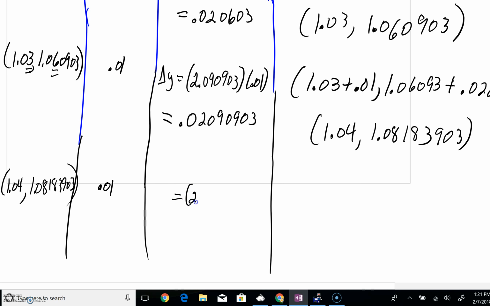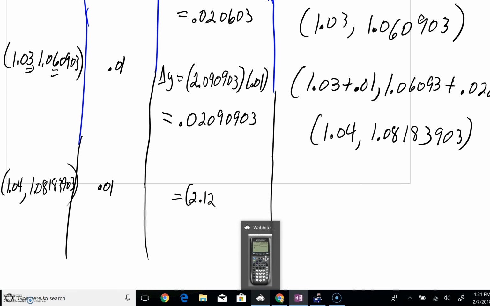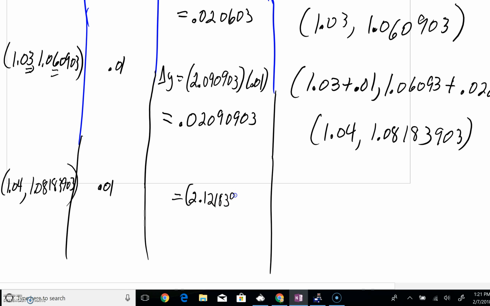Let's see, 2.12183.9 and so on. After a while, you can think, well, my gosh, we're just dealing with getting super accurate.